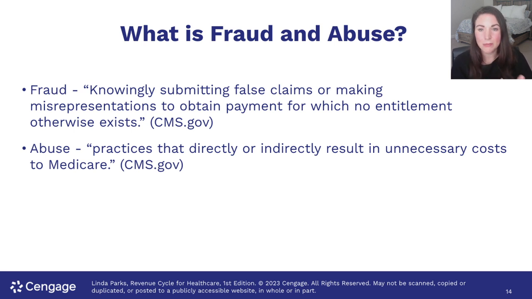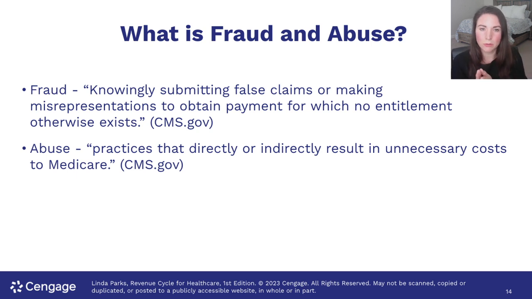Abuse would be any practices that directly or indirectly result in unnecessary costs to Medicare. So this would be billing for unnecessary services, excessive charges for services, or upcoding or unbundling on a claim. So unbundling would be, if two things typically go together, they're always done together, but you code them separately to get more money.